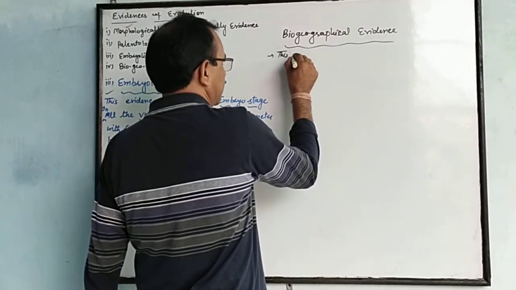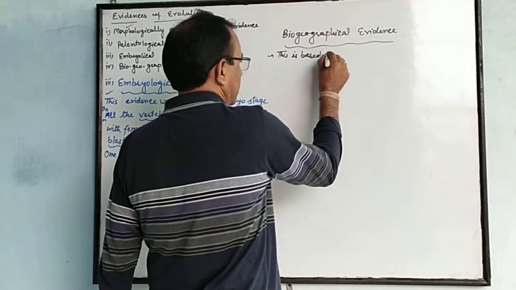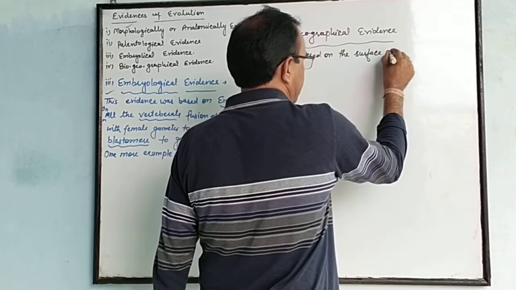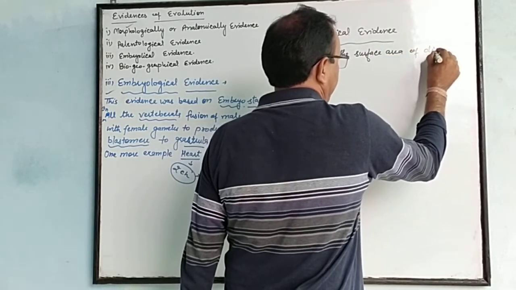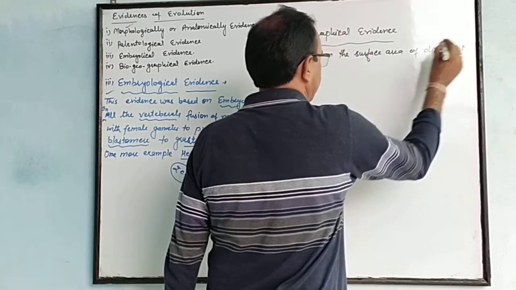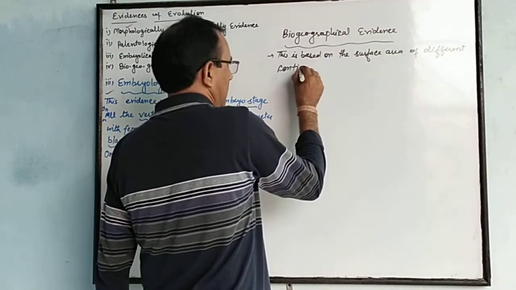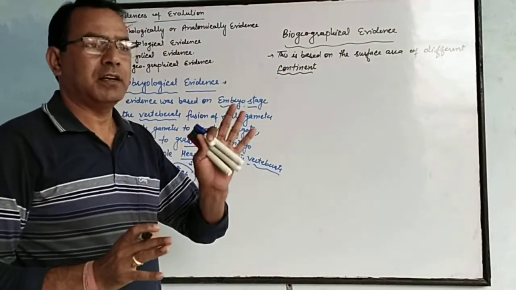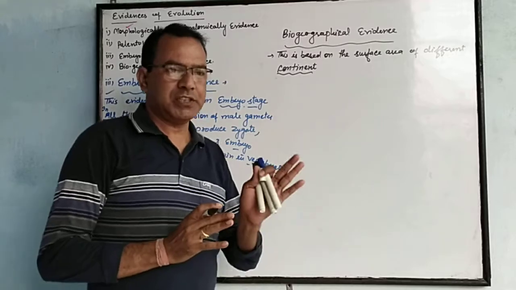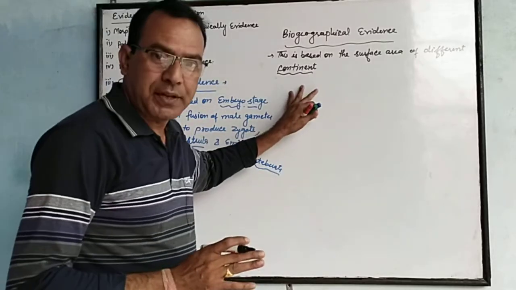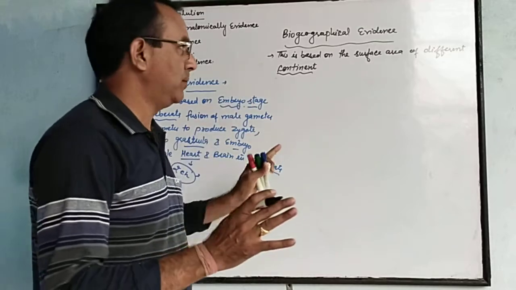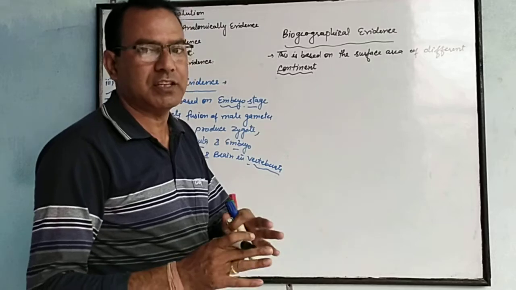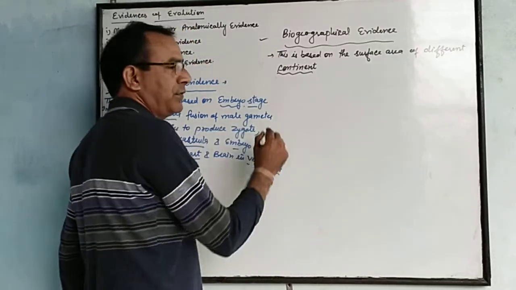This is based on the surface area of different continents. Different continents and geographical areas contain different conditions, and the organism changes itself according to the temperature and climate. At the initial stage they were similar, but according to their habitat they change themselves. So that is called biogeographical evidences.